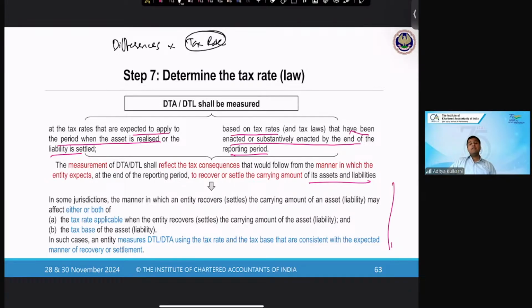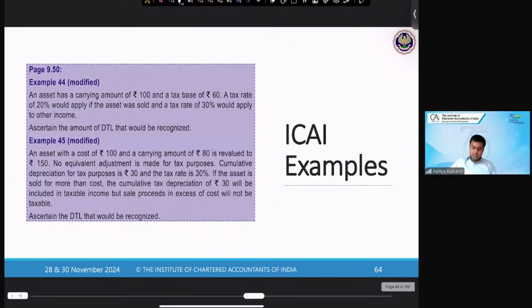Future tax rate, if it is substantively enacted, you can consider the future rates. Because normally the budget that comes out is for the next financial year. So that tax rate you will be considering for your deferred tax calculation. So differences into tax rate gives you a DTA or a DTL as the case may be.